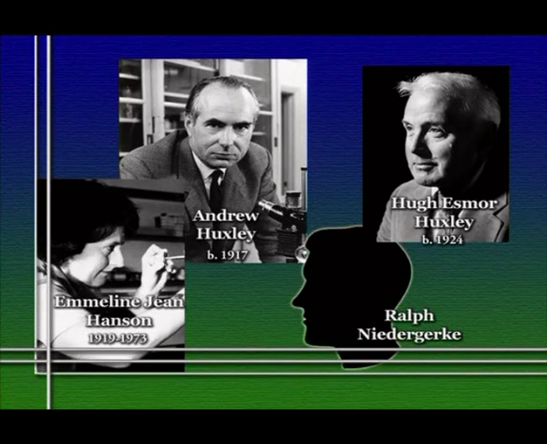Now, just as an aside, Hugh Huxley and Andrew Huxley, in spite of their last name, were unrelated. Andrew Huxley, in fact, was a very well-established scientist at the time who had previously been one of the two people to work out how action potentials work on a cellular level.